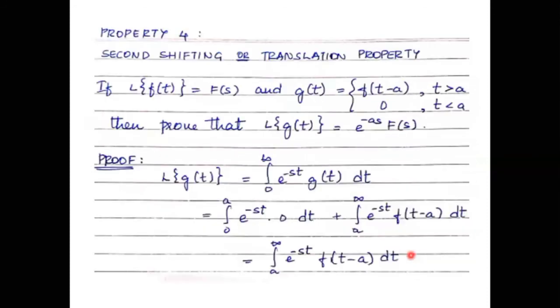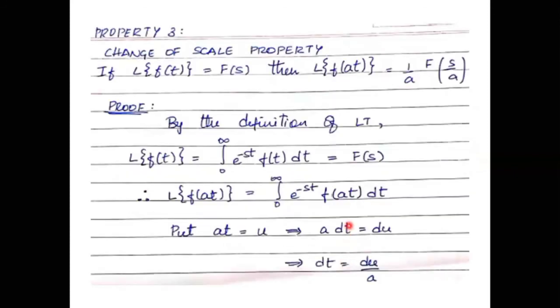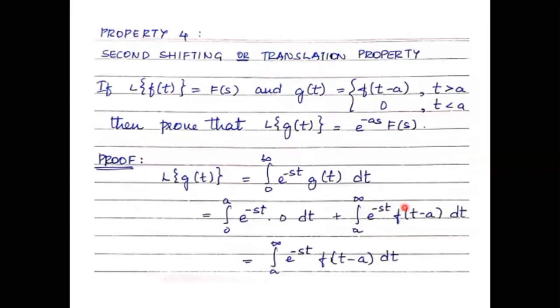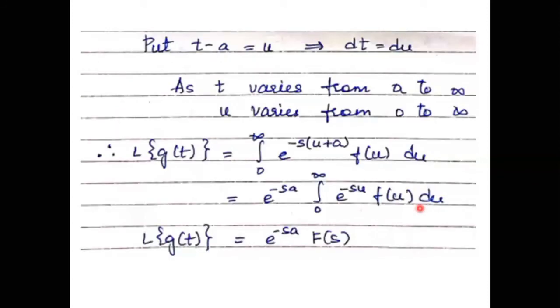In the previous property, we had substituted for this at, and here for t minus a you are using the substitution. So for t minus a equal to u, dt will be equal to du.